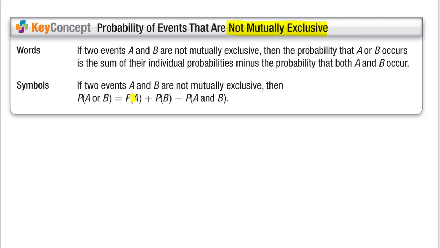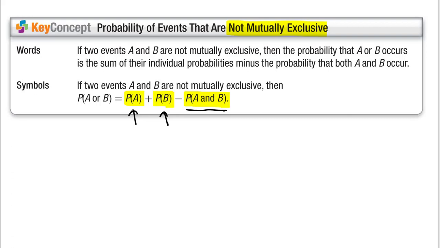You take the probability of A, picking a king, plus the probability of B, picking a red card, and you subtract the probability of A and B. You subtract the probability of red kings, because you've counted red kings in this probability and this probability. So you counted that probability twice. So you have to subtract it out once.